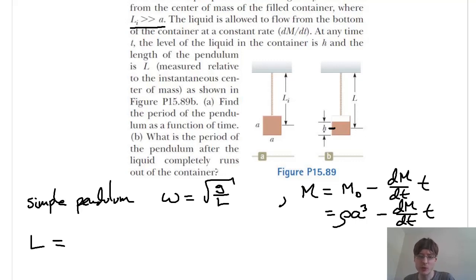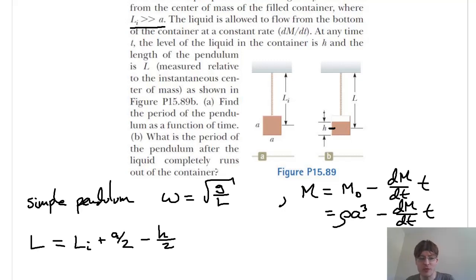H is the thickness of the liquid at that moment, and I have to go halfway up to get to the center. So to figure out how long the pendulum is, I have to take the total distance all the way to the bottom of the cube and subtract h over 2. So that's just Li plus a over 2. That's the distance all the way to the bottom. And then subtract off h over 2. And that gives me the length at any moment.